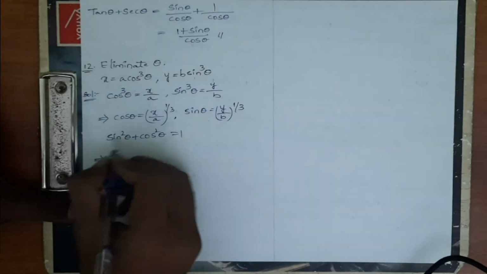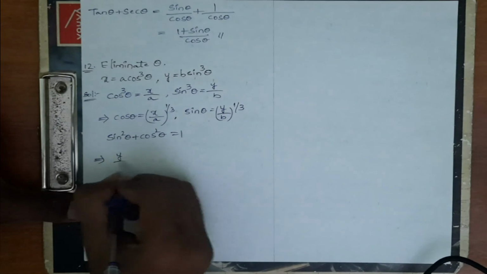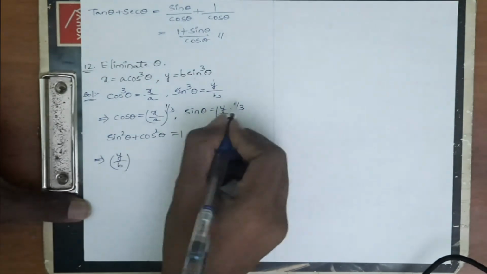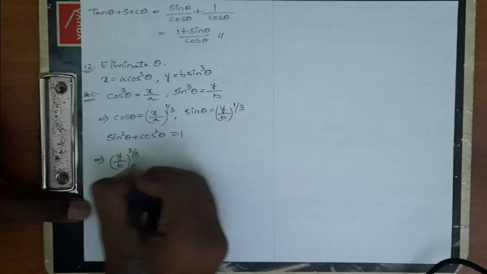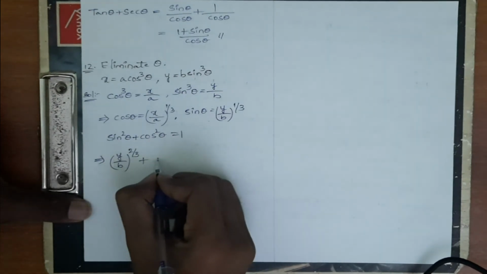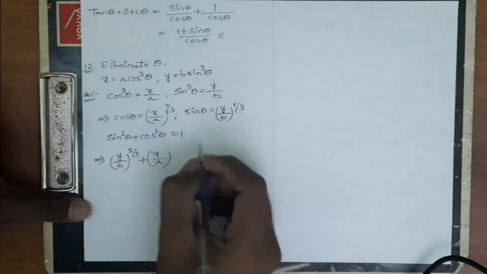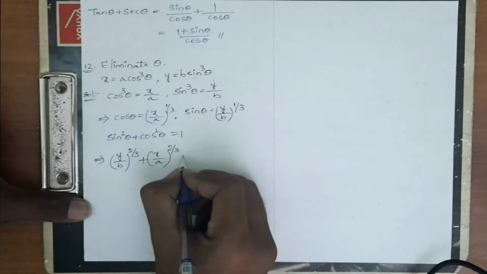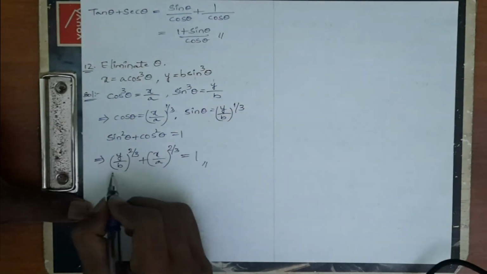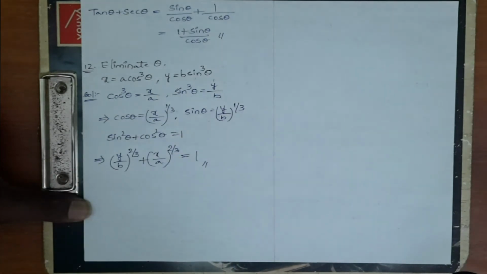Sin theta is y by b whole power 1 by 3, and here we have a square, so we need to write this as 2 by 3. So cos square theta is x by a whole power 1 by 3, squared, so we write it as 2 by 3, equal to 1. Hence in the result we don't have any theta term, so theta is eliminated.